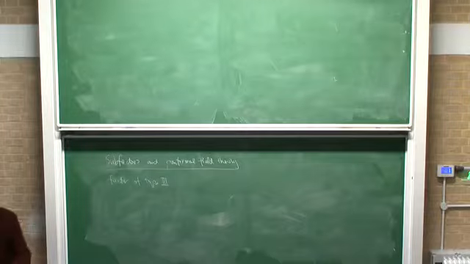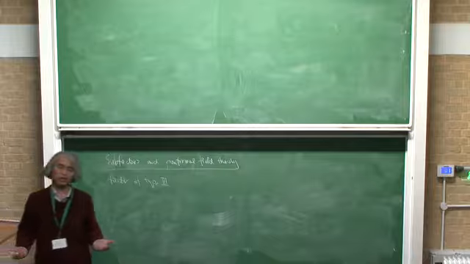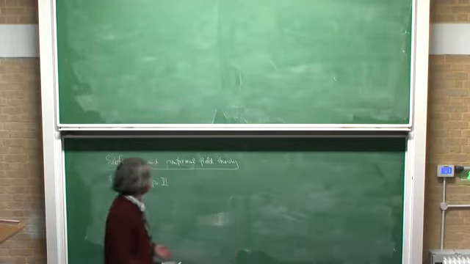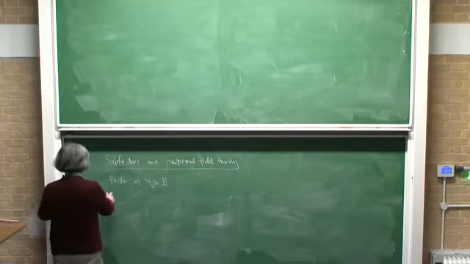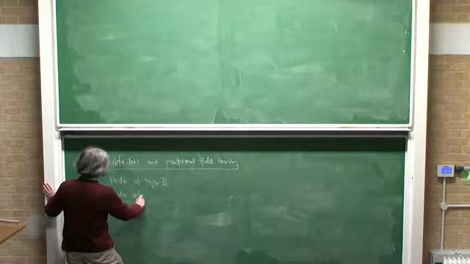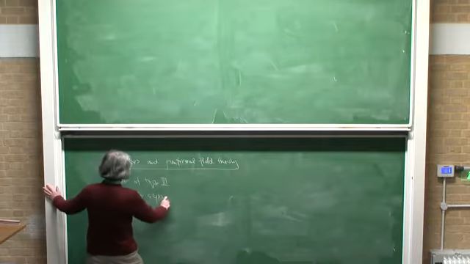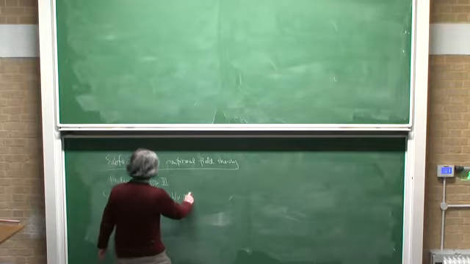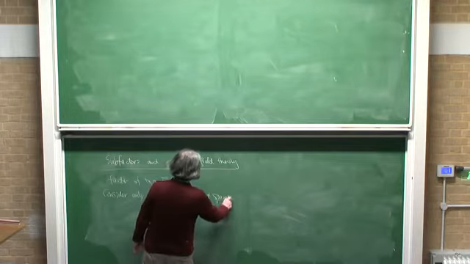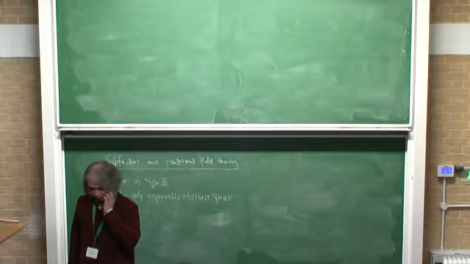For simplicity, I assume that all Hilbert spaces appearing in this series of lectures are separable. So I consider only separable Hilbert spaces. In this way, we can avoid some technical subtleties.